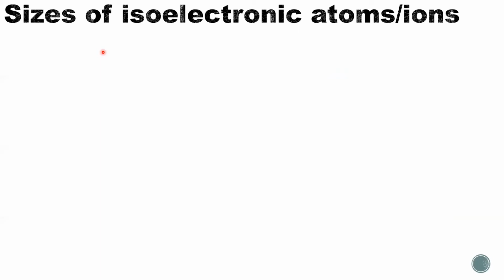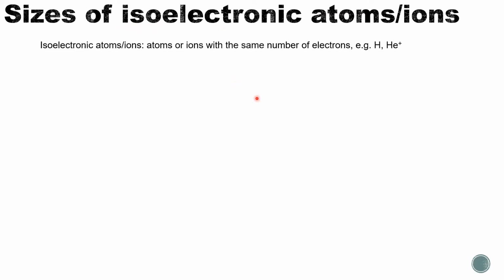Isoelectronic means, iso means the same, right? The same number of electrons. For example, helium plus has 1 electron, and a hydrogen atom has 1 electron. So these two are isoelectronic.